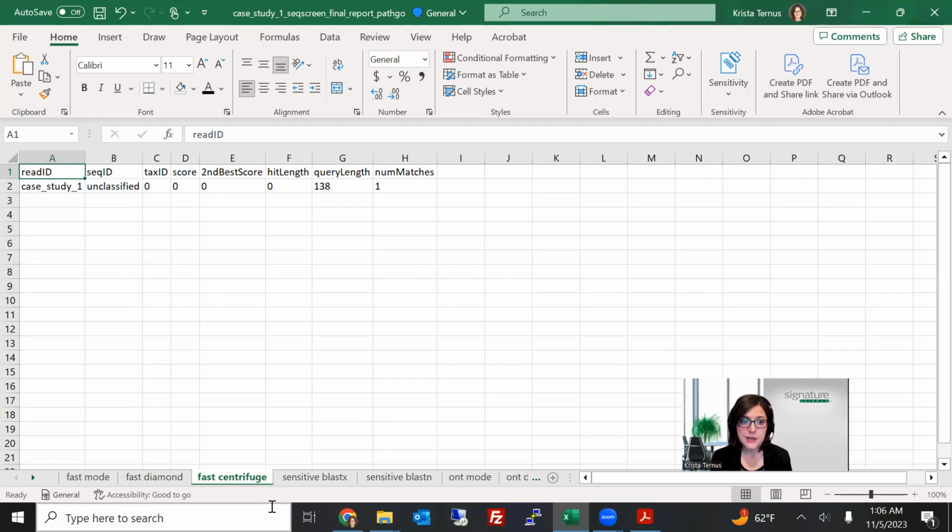Our Diamond and Blast databases used with SeqScreen, the big protein database and the NR database, are all moving beyond just microbes. We have all kinds of things there, so they should be able to be more broadly detecting different toxins, whereas Centrifuge will just be focused on microbes.